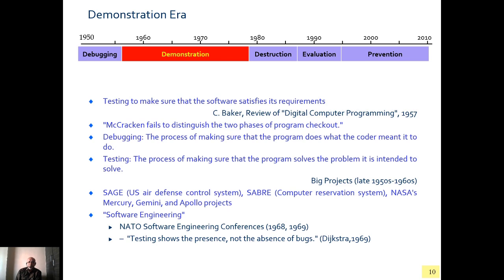Then debugging is the process of making sure that the program does what the coder meant it to do, and that the program solves the problem that it is intended to solve. Picking up the correct problem was a story, because the field of software engineering started evolving in 1967, when Winston Royce devised the waterfall model.